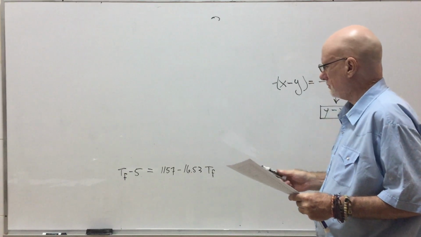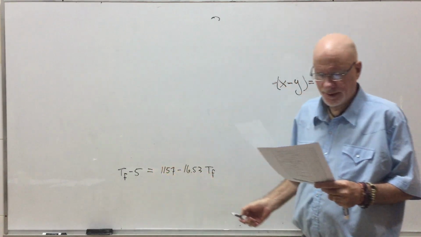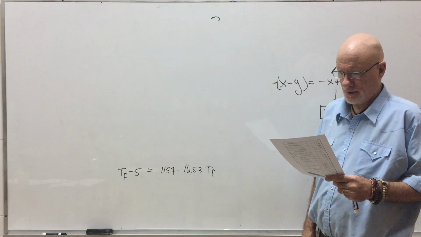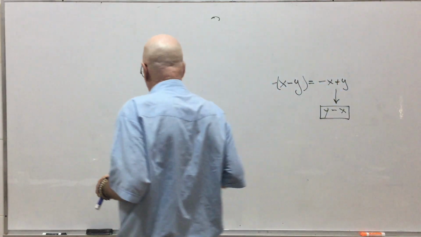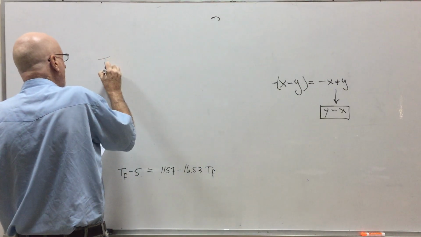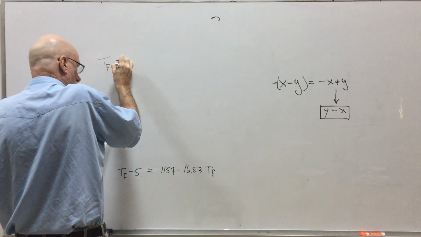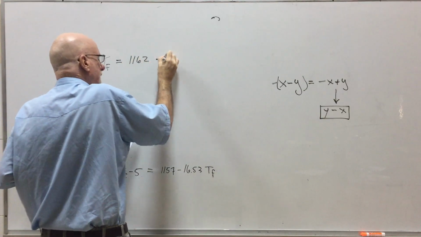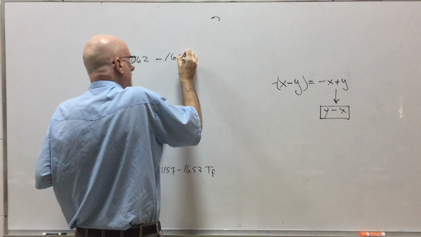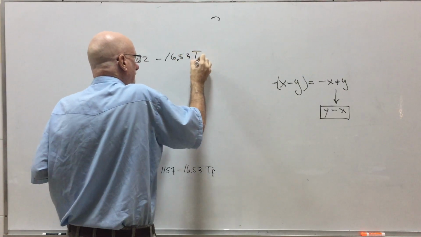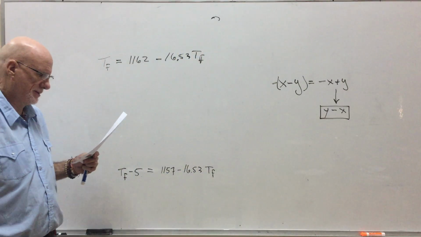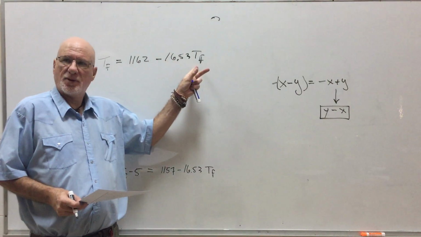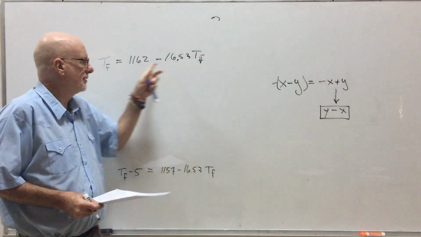Now, let's look at this. So, where are we? So now, I can add 5 to both sides. So I have TF equals 1162 minus 16.53 TF. Is that correct? And then I want to add this to both sides, correct?